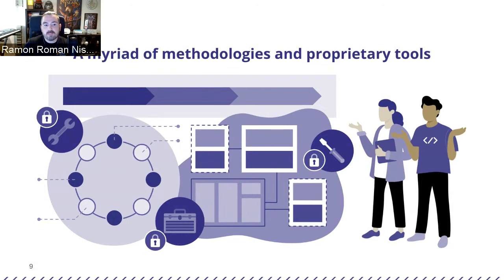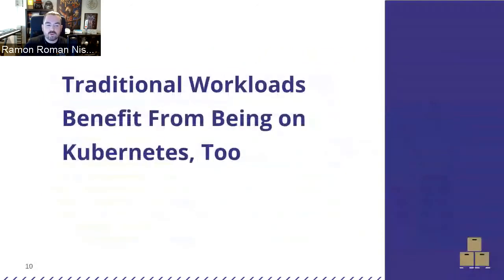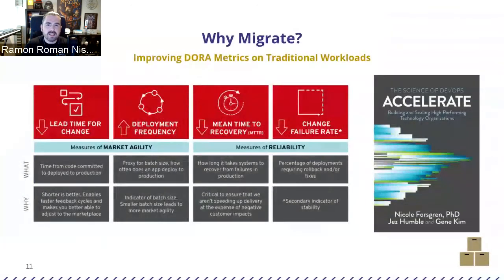One of the important things that I want to share with you is that traditional workloads benefit from being on Kubernetes as well. So for me, one of the most important key takeaways that I would like you to get from this talk is that bringing your legacy applications towards Kubernetes can have a significant boost on the software delivery performance of these applications.